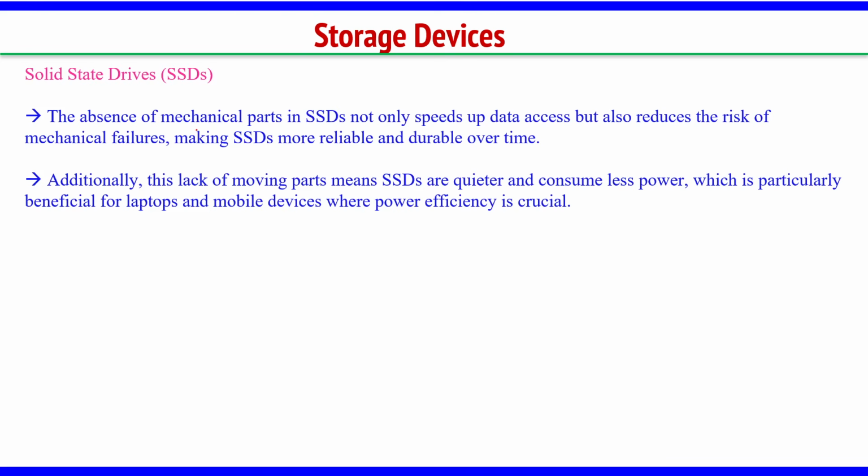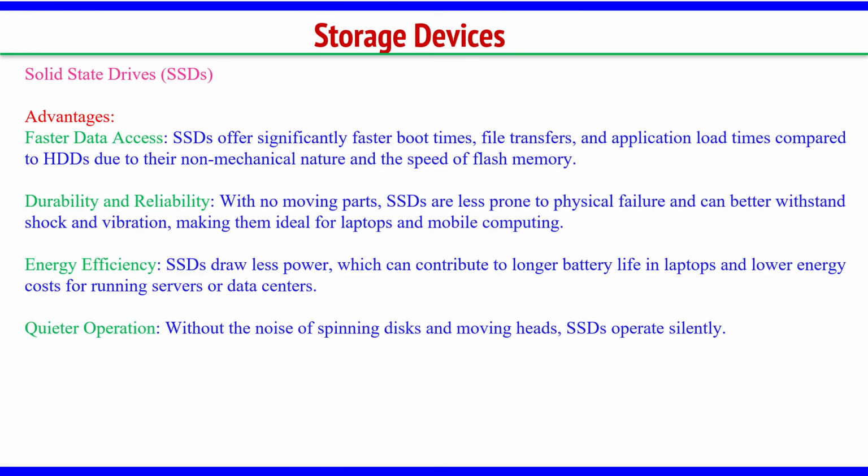The absence of mechanical parts in SSD not only speeds data access, but also reduces the risk of mechanical failures. So there is no risk of mechanical failure because there is no mechanical part to spin up. Additionally, this lack of moving parts means SSDs are quieter and consume less power. Since nothing is moving or spinning, it takes less power. That is why SSDs are better compared to HDDs.